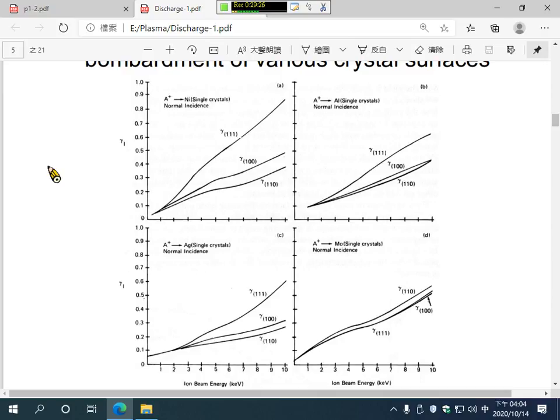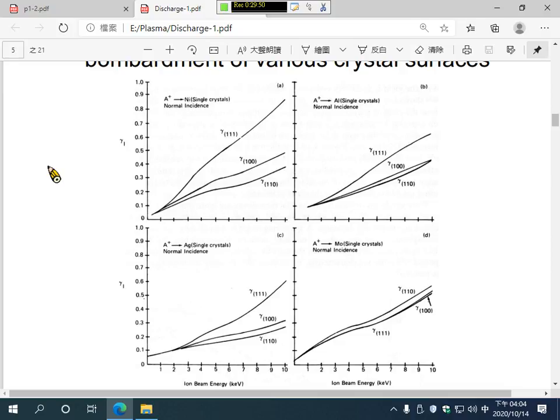For the body center cubic crystal, the 110 surface has the highest atomic packing density. Okay? So if you conduct this kind of experiment, you can find the different secondary electron emissions from different crystal planes.